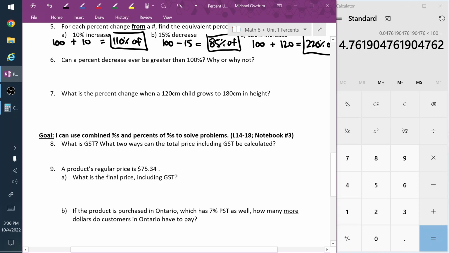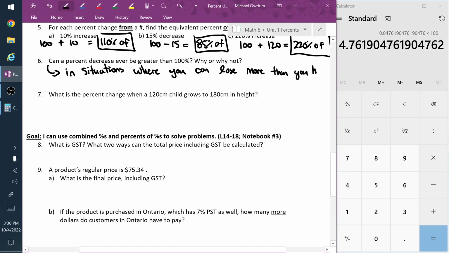Now, could a percent decrease ever be greater than 100%? Well, it depends on if we have a situation where you can lose more than you have. Okay, so only things that would be able to go into the negatives, for example.